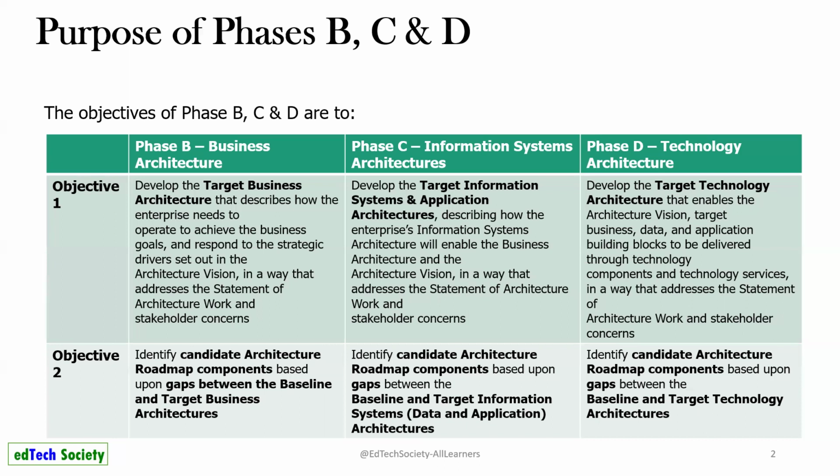C is the application and information system, and D is the technology perspective. So, by definition, the purpose, the input, output, and the steps are different. But on a larger aspect, by and large, they are the same, and it just differs here and there.